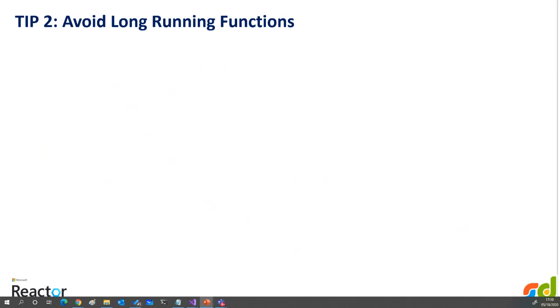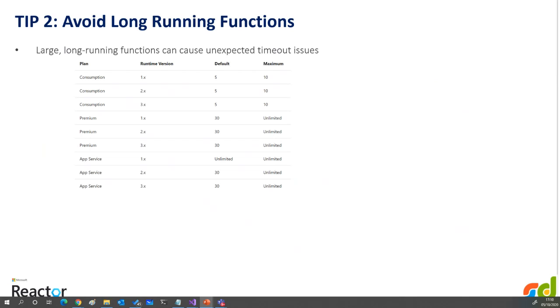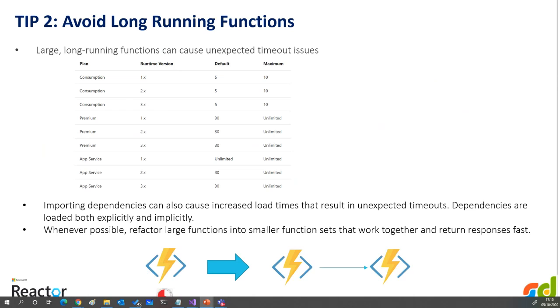Another tip related to this is to avoid long-running functions, because long-running functions can time out. Timeout is related to the plan where you are creating Azure Functions. The consumption plan has a default timeout of 5 minutes and a maximum of 10 minutes.